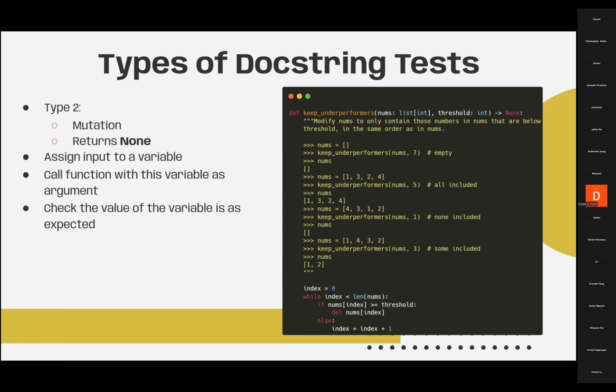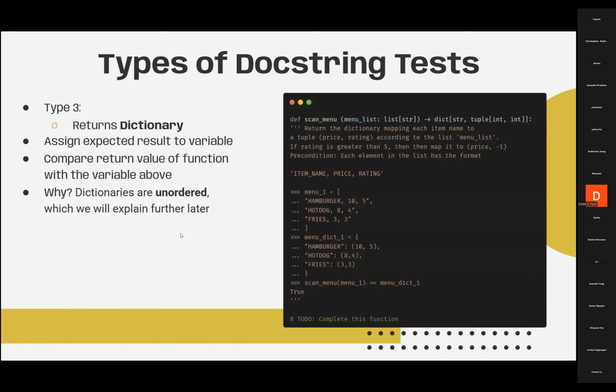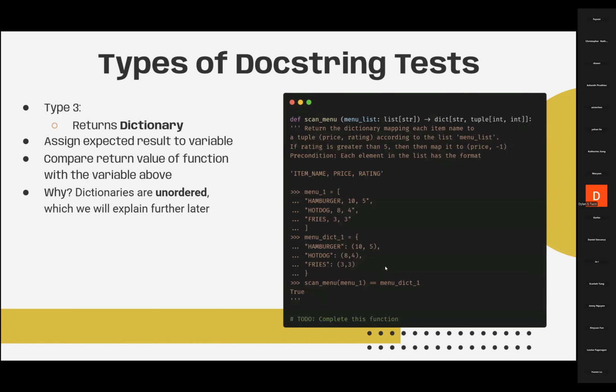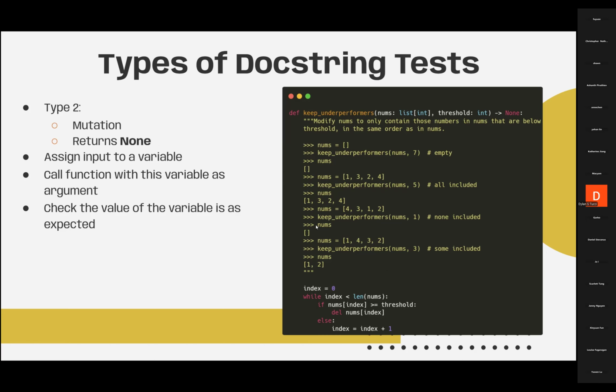Mutation in this case means the function is called on an object, and then it will end up affecting that object in some way. For instance, over here with nums, it's going to take in nums, but then afterwards it's actually going to modify its given input. So afterwards, you want to have another line calling nums, and show the result of that object that you mutated.